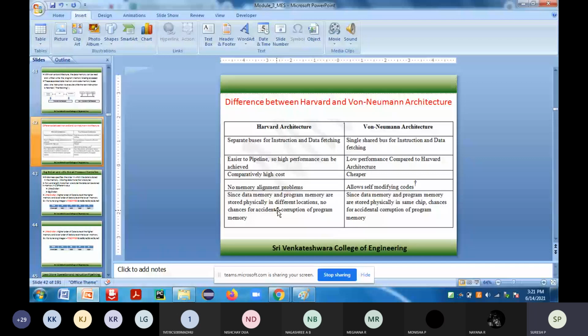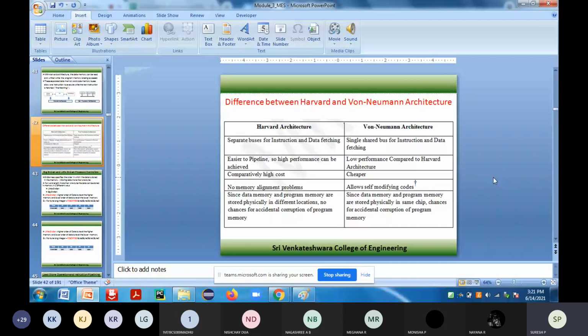Here, since the data memory and program memory are shared by a common bus, and the memory you are going to use is a single memory, both program memory as well as data memory will be stored physically in the same chip.